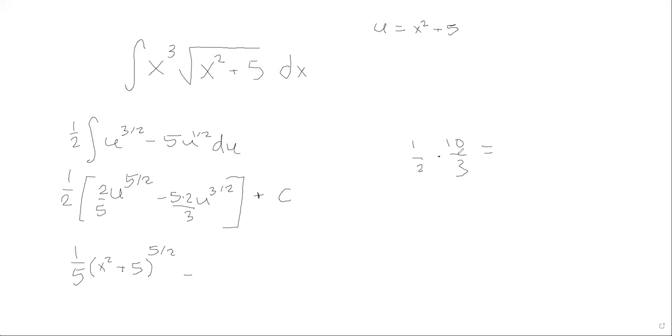I don't trust myself to make accurate calculations in my mind, so I do have to work this out on the side of the page. So we're going to have 10 over 6, which reduces to 5 over 3. So we're going to have minus 5 over 3. And then we're going to have u to the 3/2. So that would be x squared plus 5 to the 3/2 power.